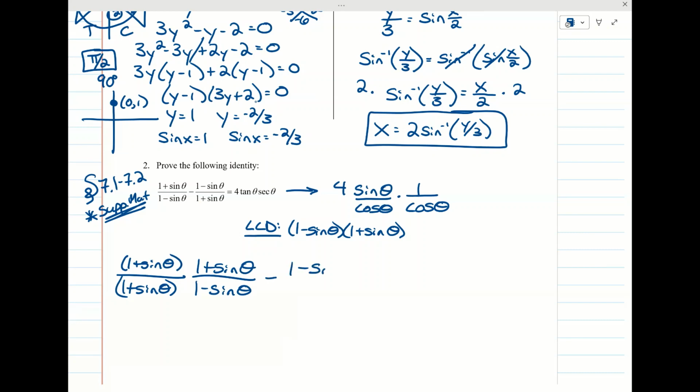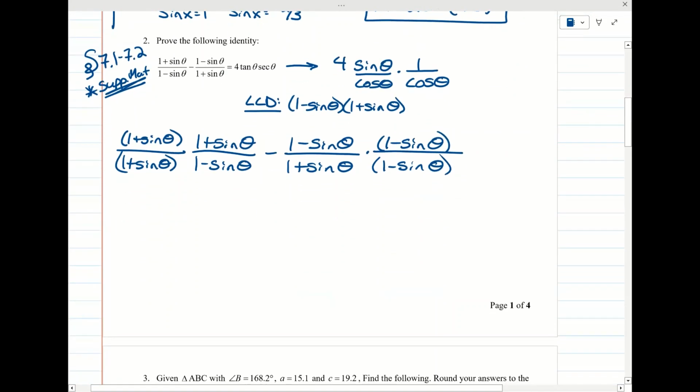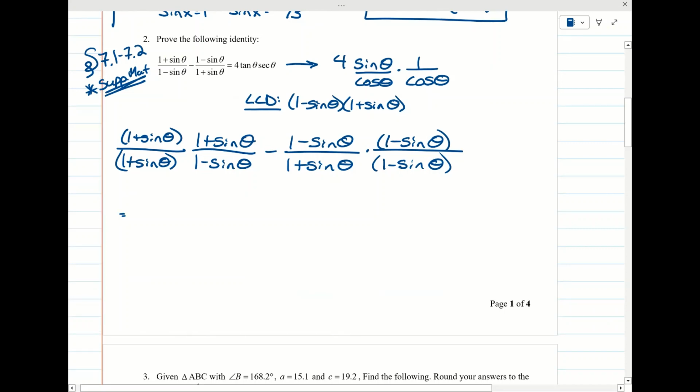Minus the second fraction. But again, in order to get the same denominator, we're going to have to multiply by the factor that's missing, which was 1 minus sine. The reason why we do that is if you look at both fractions now, both denominators are exactly the same. So we can go ahead and combine those fractions. I'm going to combine the fractions, but I'm also going to distribute the top here.